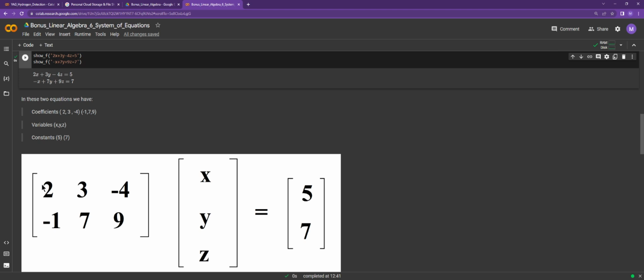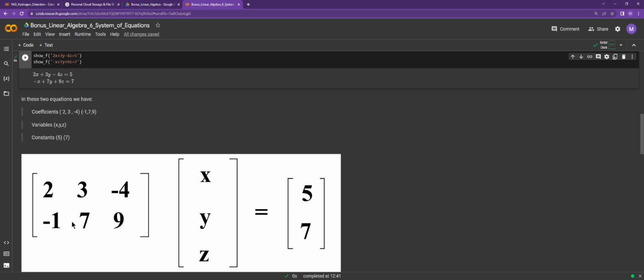Technically, a dot product would produce this row multiplied by elements of this column, element by element. It goes by the general dot product format. So 2 times x, 3 times y, minus 4 times z. And from our formula, we know that it's 5. So 2x plus 3y minus 4z equals 5.